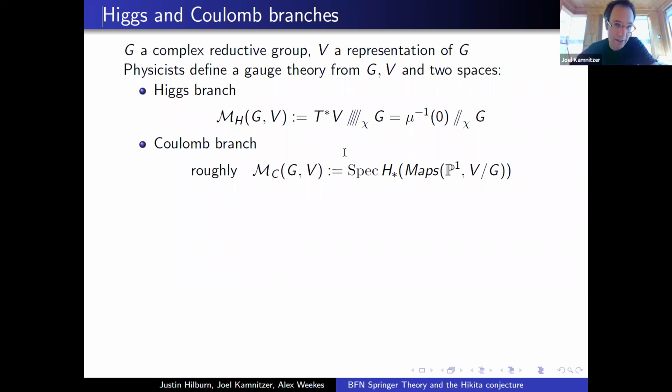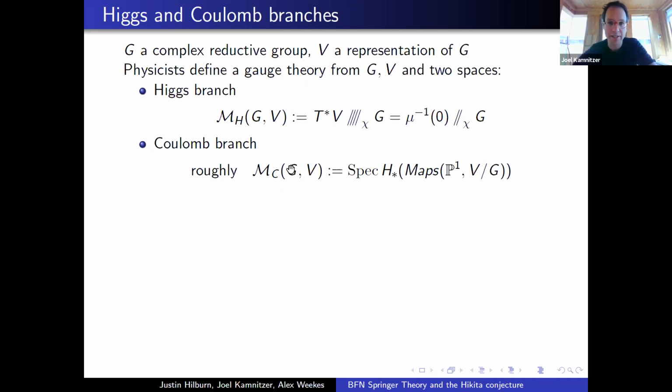And from this reductive group and the representation, physicists study a gauge theory, specifically three-dimensional N=4 supersymmetric gauge theory, and they are interested in two spaces that are defined, two hyperkähler varieties, hyperkähler manifolds. One is called the Higgs branch.